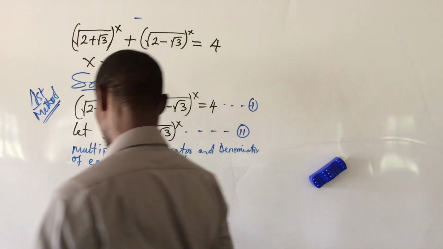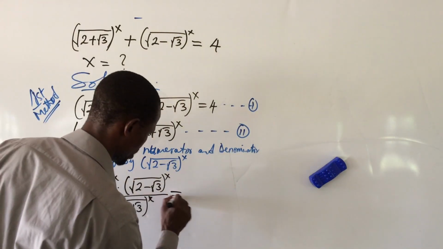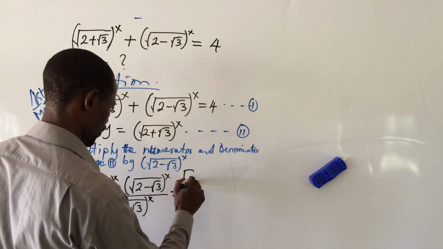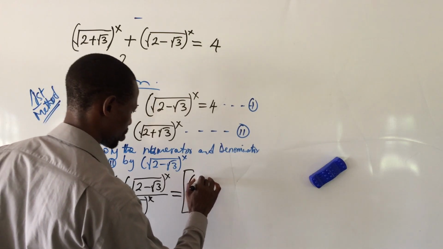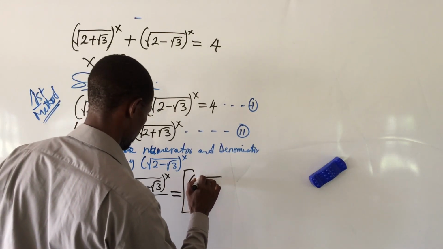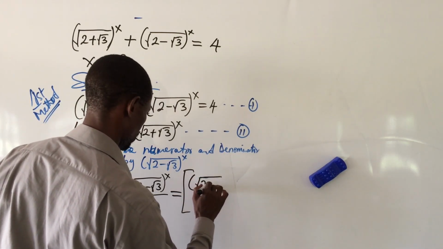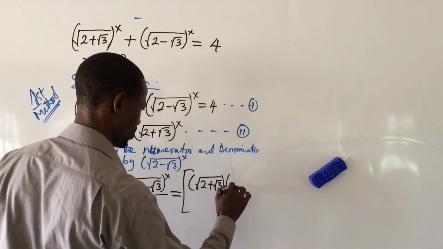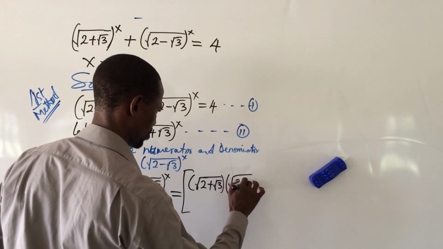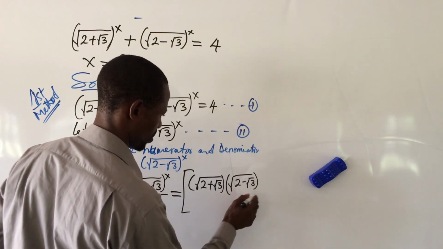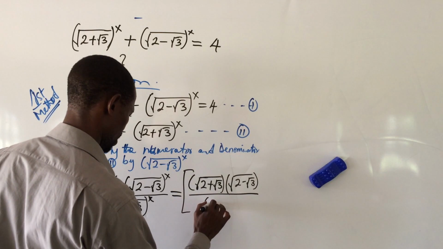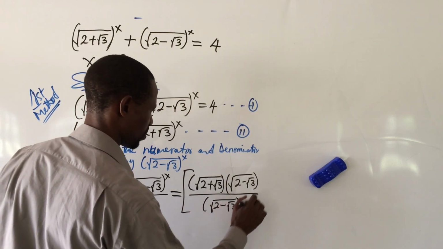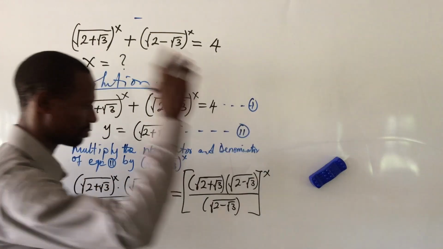Now, this is raised to power x, this is raised to power x, this is raised to power x. So I can rewrite everything as the bracket of square root of 2 plus root 3 close bracket, square root of 2 minus root 3 close bracket, all over bracket square root of 2 minus root 3 close bracket, all to the power of x.